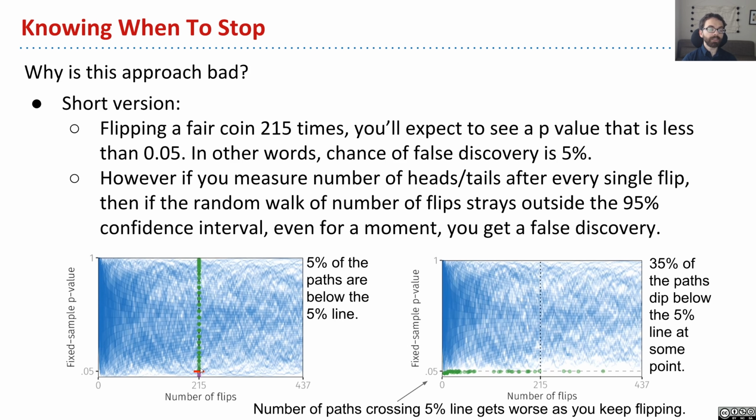So we'll see that only a relatively small number of games actually end up, after 215 flips, having some really unlikely occurrence. In fact, 5% of the games you play will, at 215 flips, be below the 5% line. So there's no really big surprise here. That's just the definition of a p-value.